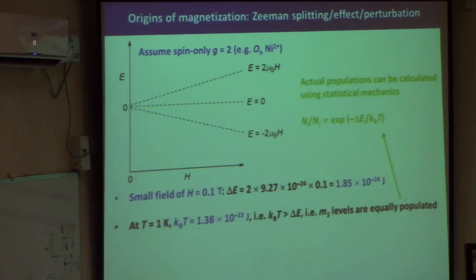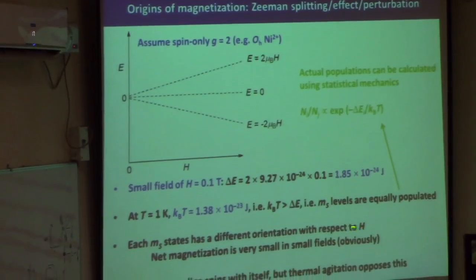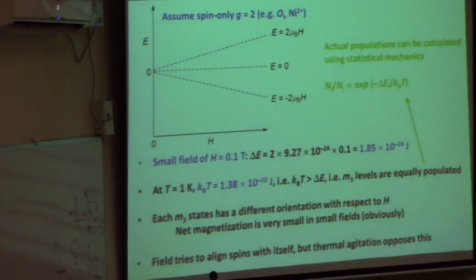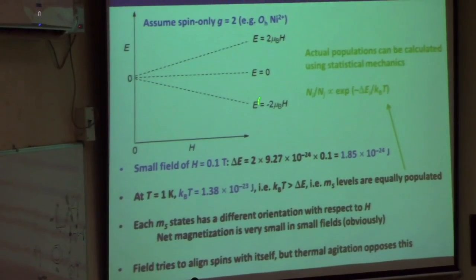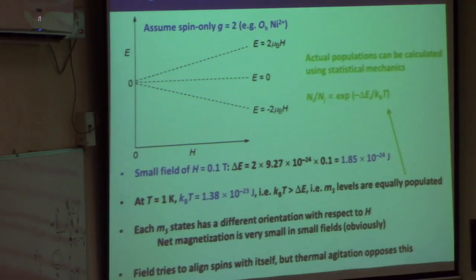Okay, so that's the situation with a very small magnetic field. Each MS state has a different orientation with respect to the field. The field has a well-defined orientation, and they have their own well-defined orientation. It may be different to what the field is.